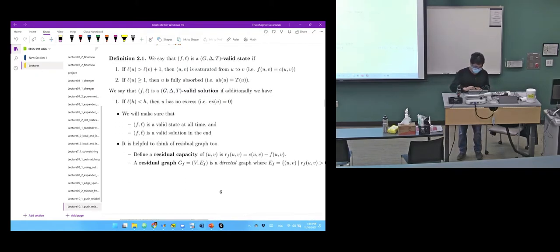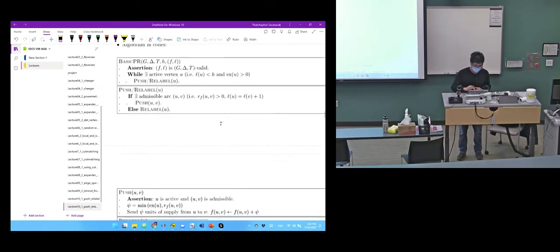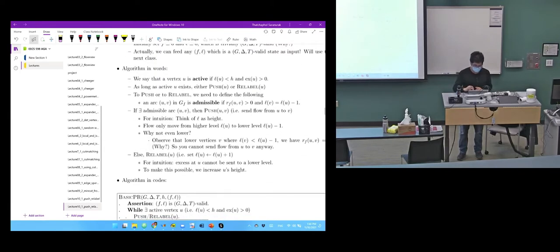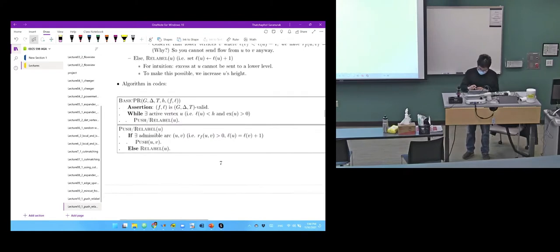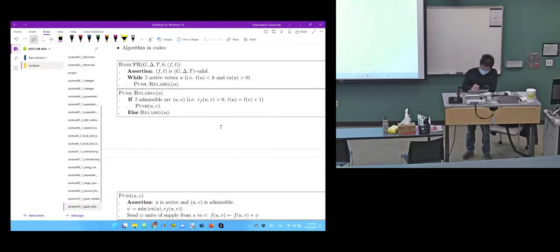Okay, and we have described the algorithm. The algorithm is given all the input. What it does is just keep finding an active vertex, right? By active, it means that the level is less than h and it has some excess.